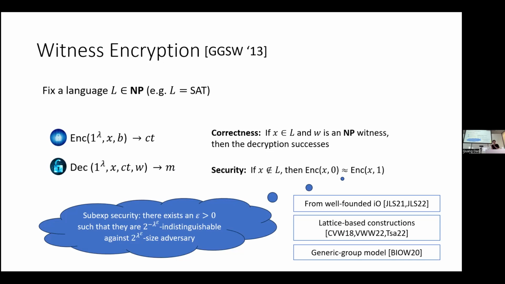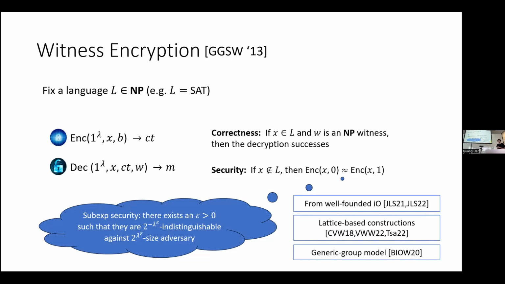They use some strange assumptions. I think in the first paper they don't even prove the security. They just propose a system and claim it's kind of secure. Later on, people did some analysis which uses non-standard assumptions to prove the security. And also, if you have the generic group model, you can construct witness encryption, but for generic groups you need some instantiation.